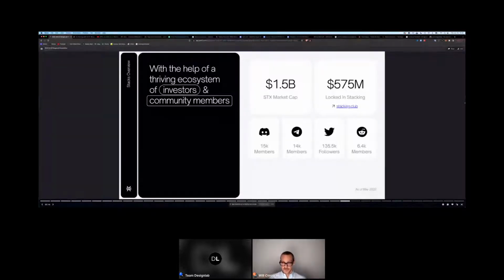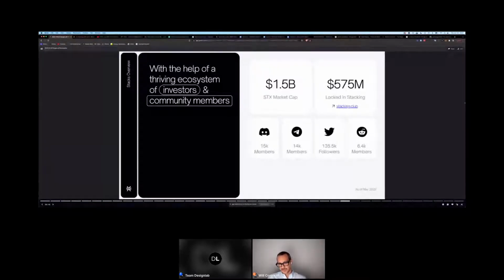That's a very committed community that is willing to stack their stacks, both to strengthen the network and to earn some of that 10% Bitcoin yield that I was talking about. And then there's the size of the Twitter following, Discord, Telegram, and Reddit. This is just the size of the community that we're looking at.